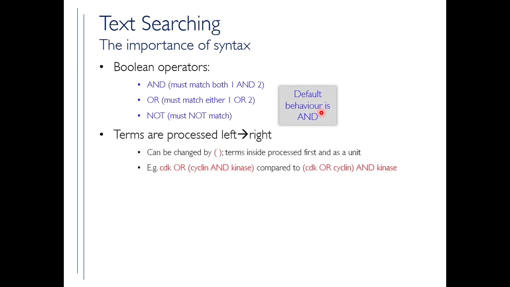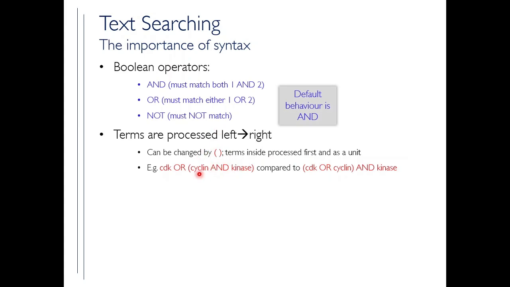Terms are processed from left to right, obviously, but you can change this by using brackets. So, for example, if you were going to search CDK OR and then brackets cyclin AND kinase, it will first of all search what's in the bracket. So it will make a search for cyclin AND kinase, so again, the union of both.